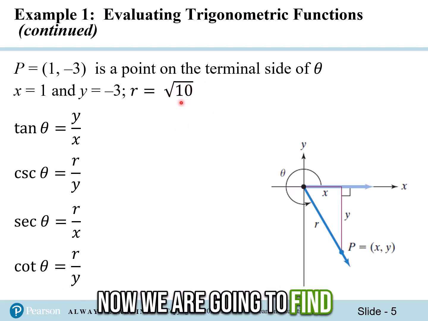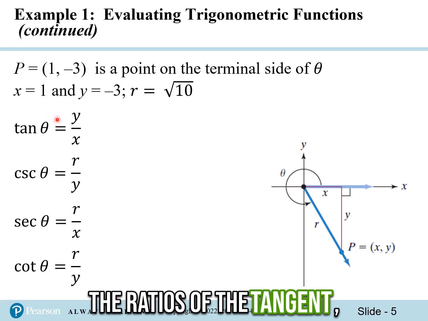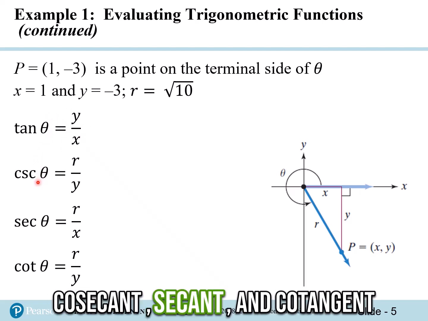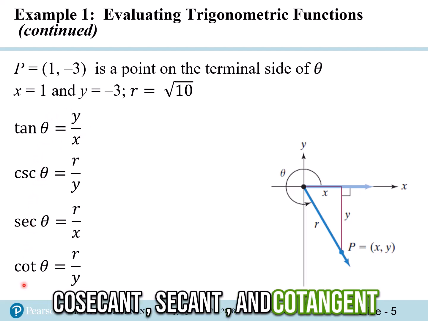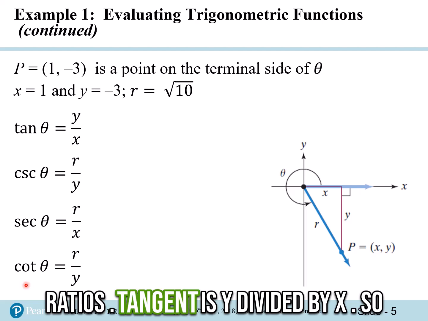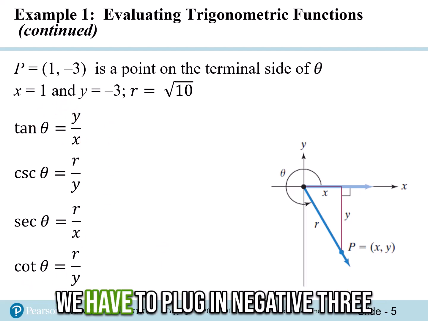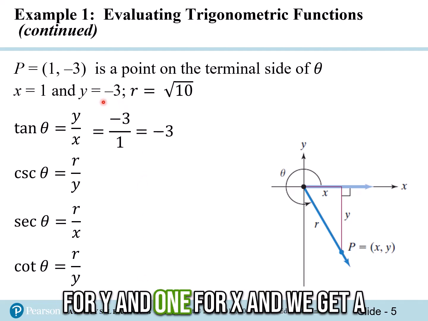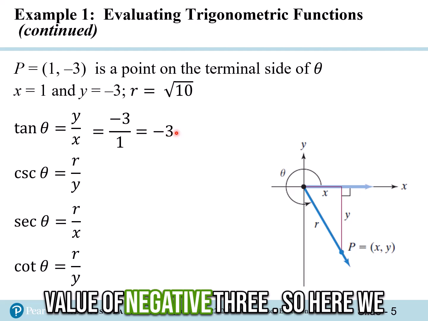Now we are going to find the ratios of the tangent, cosecant, secant, and cotangent. Tangent is y divided by x. So we have to plug in -3 for y and 1 for x, and we get a value of -3.